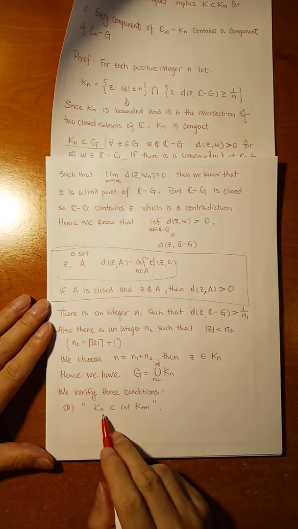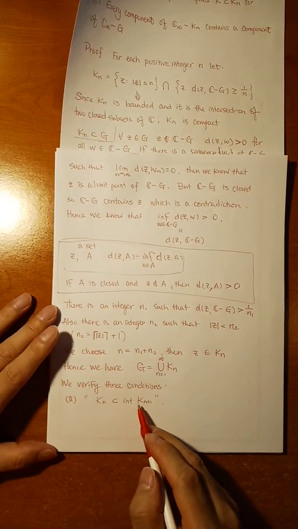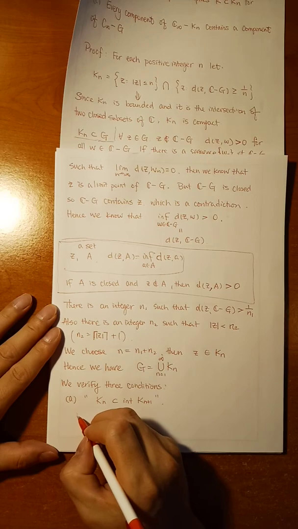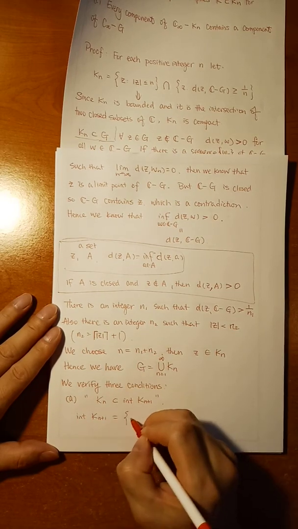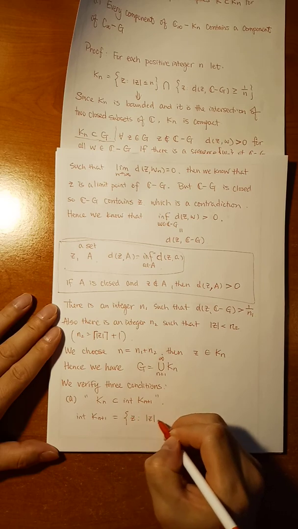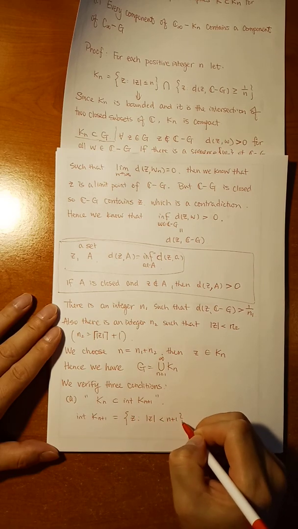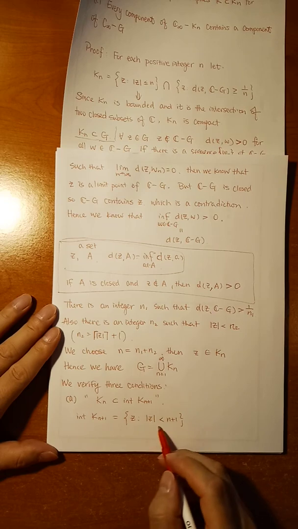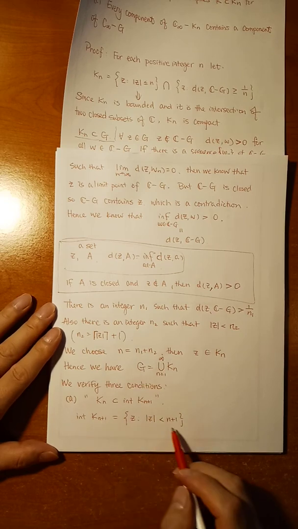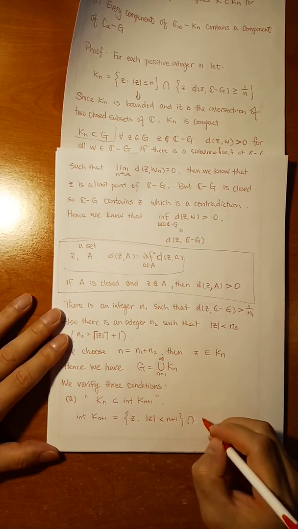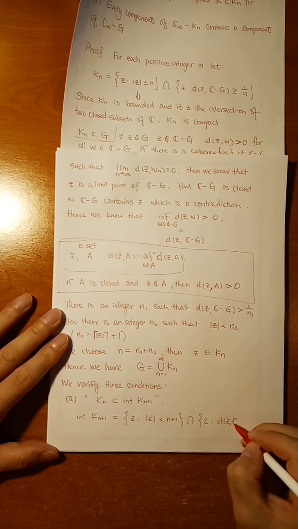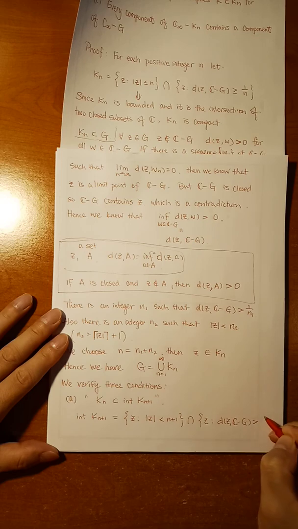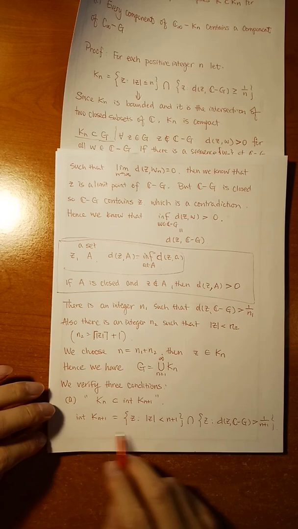We want to verify Kn is inside the interior part of Kn plus 1. The interior part of Kn plus 1 is actually z, modulus of z is less than n plus 1. This is open. Without the equal sign, it's open. And this is kn plus 1, so it's less than n plus 1. Intersect z, the distance between z and c minus g is greater than 1 over n plus 1. Okay, so this is the interior part.